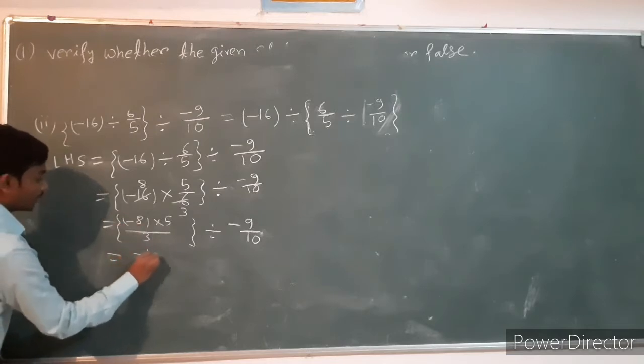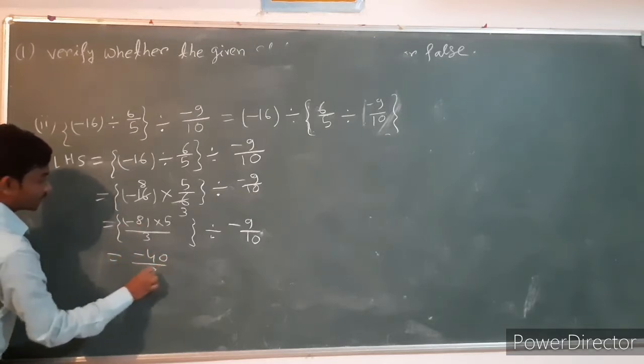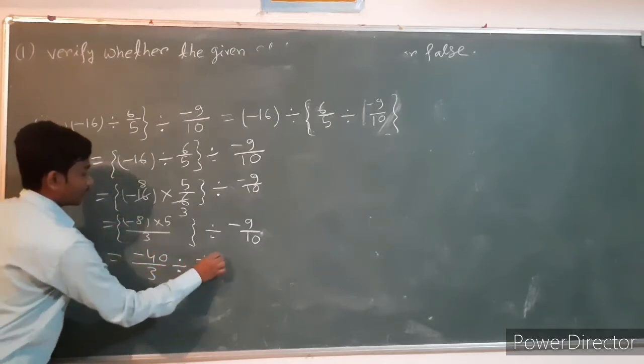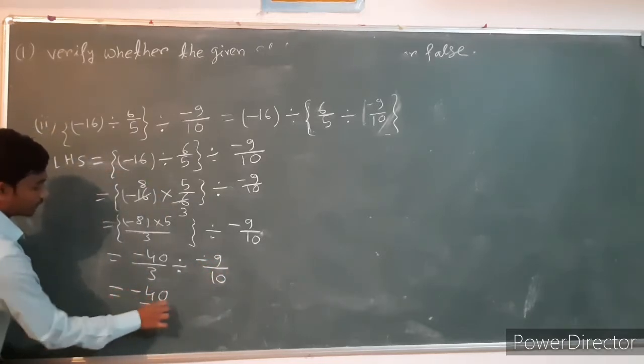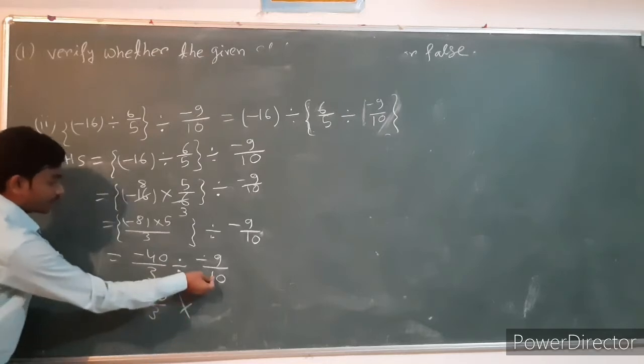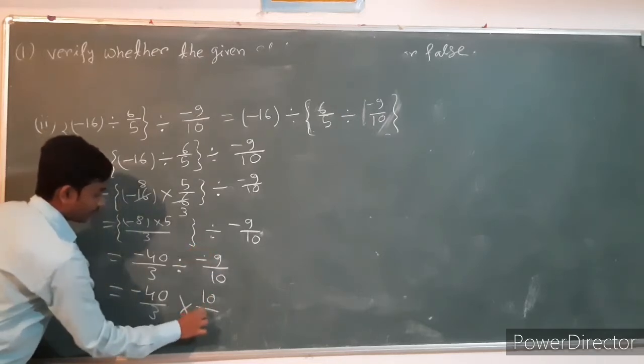So minus 40 upon 3 divided by minus 9 upon 10. So minus 40 upon 3 multiplied by 10 upon minus 9.